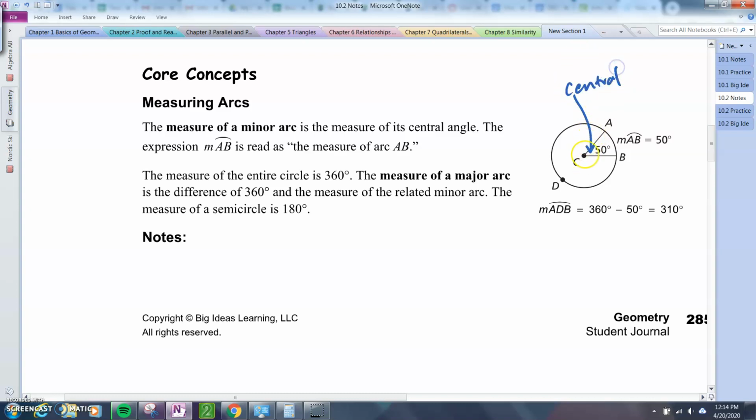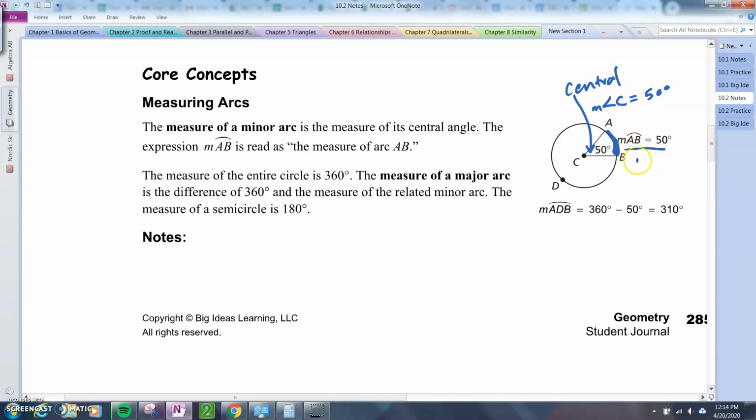And you imagine any angle right here, that's going to be the same measure as the arc that it creates on the circle. We call it angle C in this case. Angle C equals 50 degrees. Well, the arc it creates is also 50 degrees.